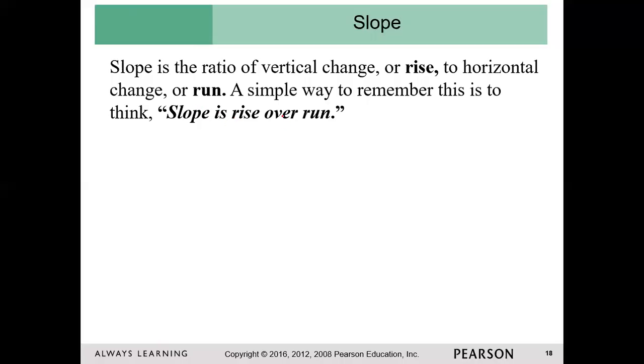I believe that this phrase here, slope is a rise over run, is sort of an incomplete phrase. I believe that it should be slope is a rise over run from one point to another point, because you need this first point to be able to use your slope.